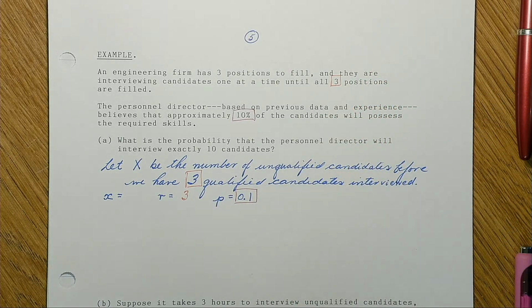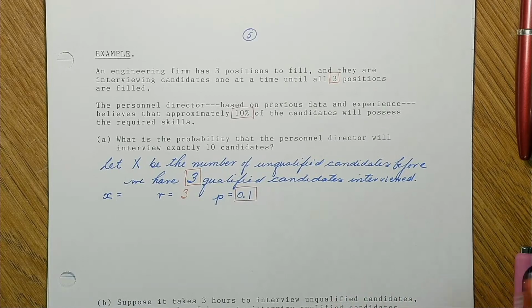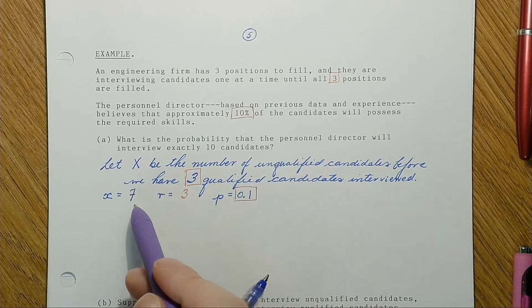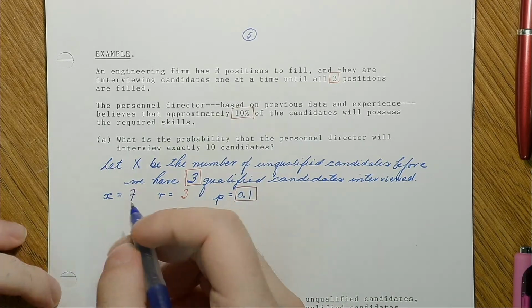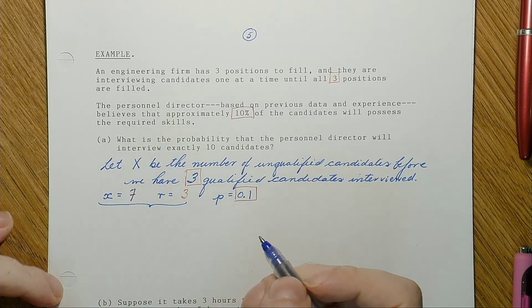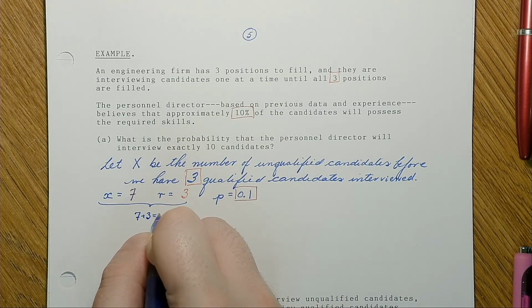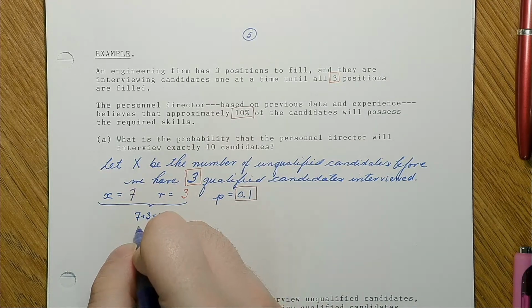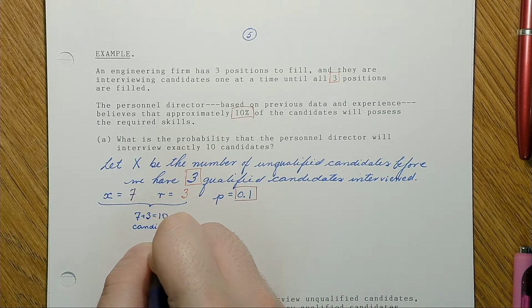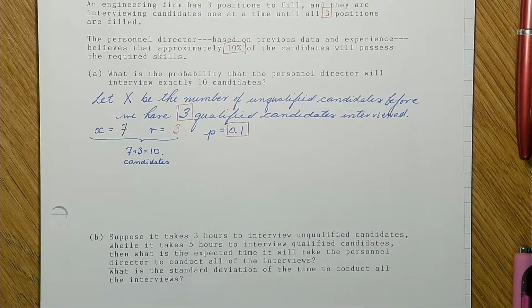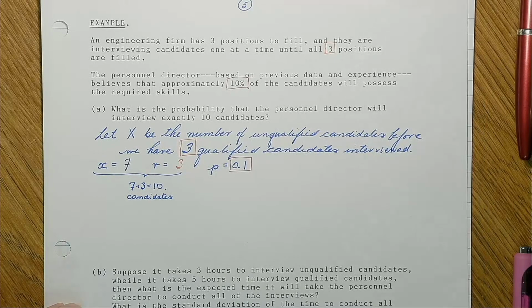But what is the x? Yes, the x that threw everyone for a little bit. That's the number of failures. So in total, 7 plus 3 is equal to 10 candidates in total. So it's good to just be very careful about labeling it.